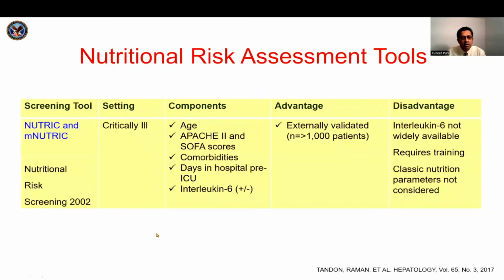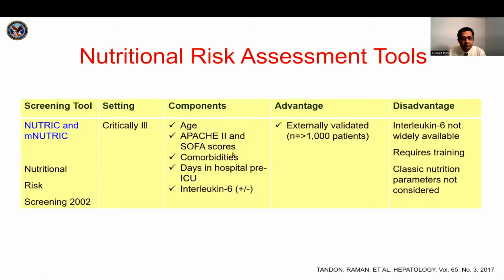There's another important nutritional risk assessment tool, called NUTRIC and Modified NUTRIC. This is specific to this talk and may be valuable because it is in the critically ill setting. Of note, the majority of the components included in the NUTRIC or mNUTRIC score are not directly related to nutritional status, however, they take into account disease severity and acuity.